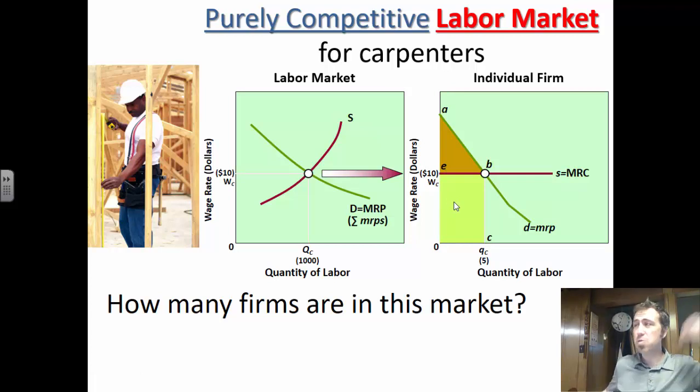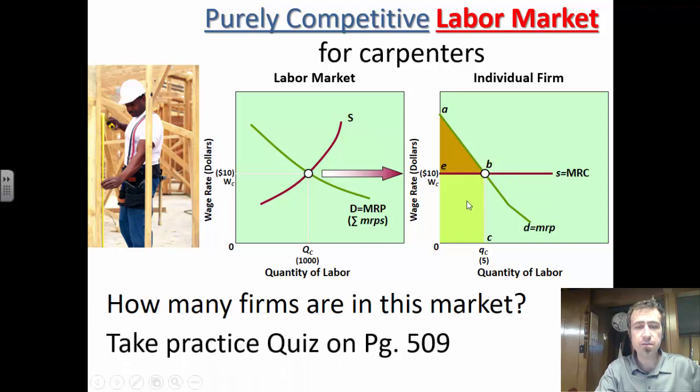They're going to say, there's 200 other people I could go get a job at. I'm done with you. I'm going somewhere else. I'm going to get paid more over there. And so you wouldn't be able to get any workers, and you'd go out of business. So they are wage takers. They're not wage makers.